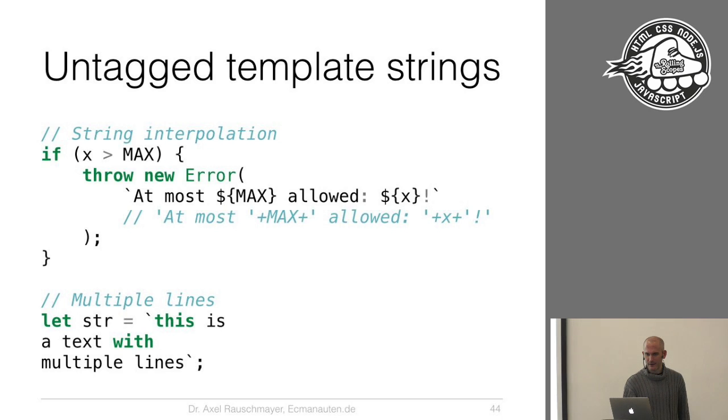And template strings can also span multiple lines, and the funny thing is that syntax highlighters have not yet caught up. So syntax highlighting is weird, and it's challenging because inside this there can be any expression. So when it comes to syntax highlighting, they'll have quite a bit of work ahead of them.